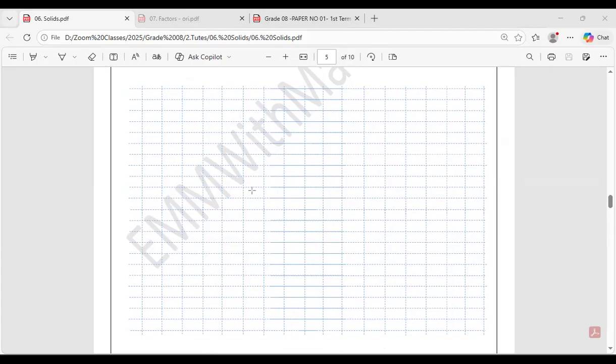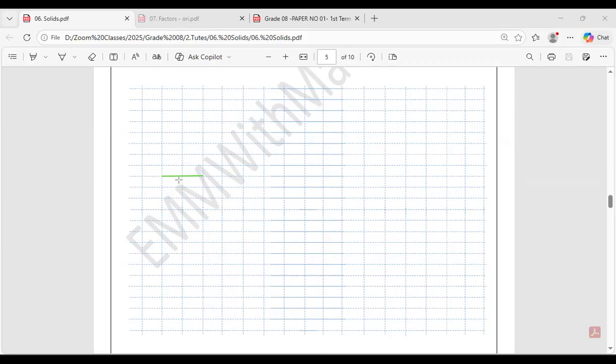Right? So now look at the board, look at the screen. First of all, I will take these two quadrilaterals. Sorry, these quadrilaterals are like squares. These two rectangles, and this is the vertical length. And I am going to complete one triangle.